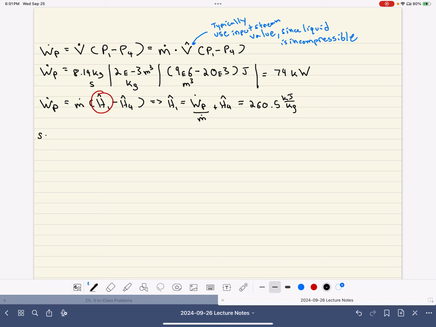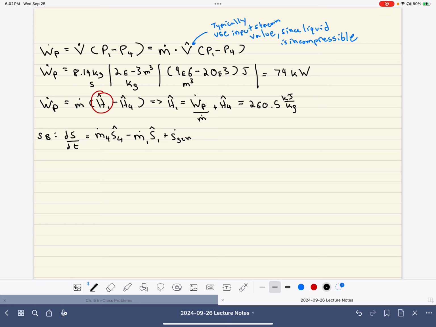One other thing, just for completion's sake, we could also do the entropy balance. There's no heat.